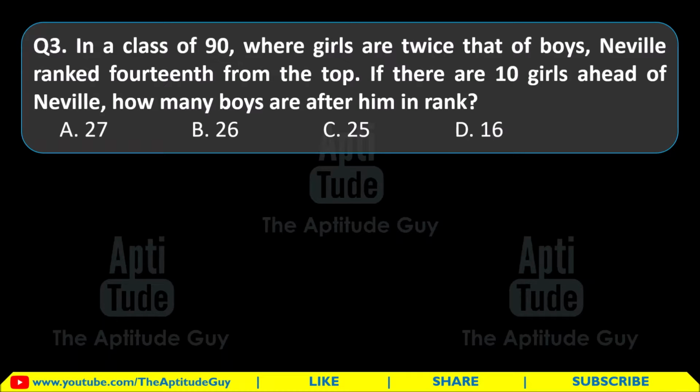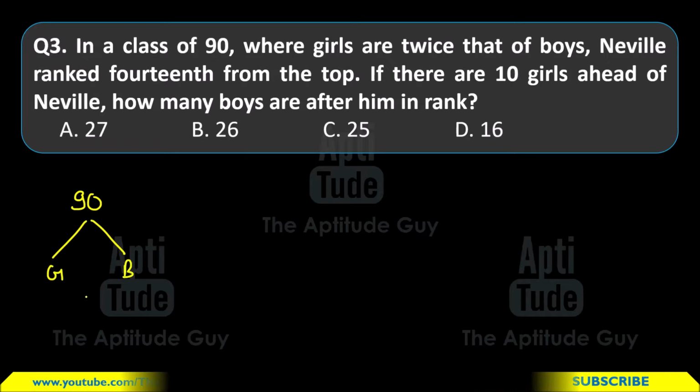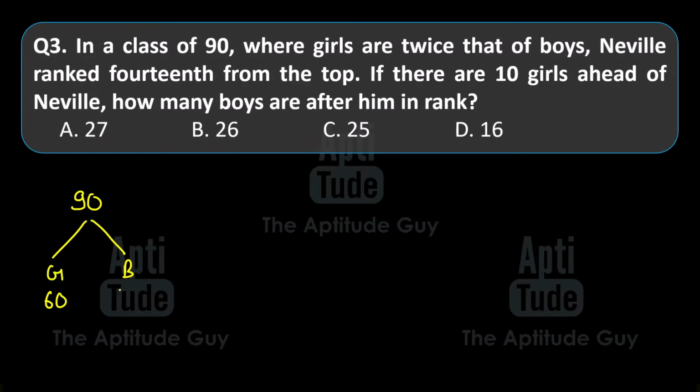Alright. In a class of 90 where girls are twice that of boys. Alright, very simple beginning. We have 90 students totally. We have girls twice that of boys. So obviously the number of girls is 60 and the number of boys is 30. 60 plus 30, 90. Now they have mentioned Neville ranked 14th from the top. Alright, so Neville is right here, 14th from the top.